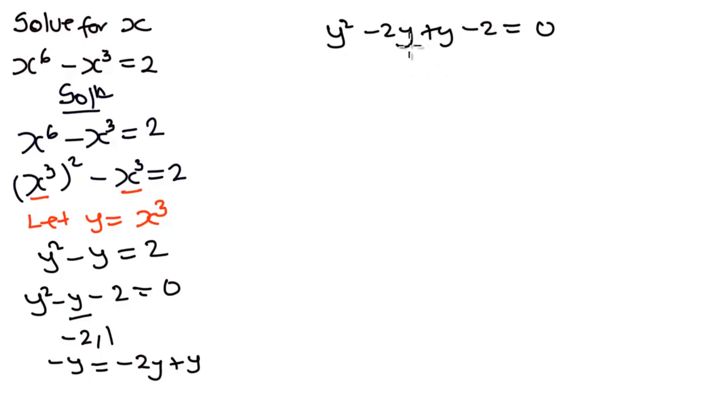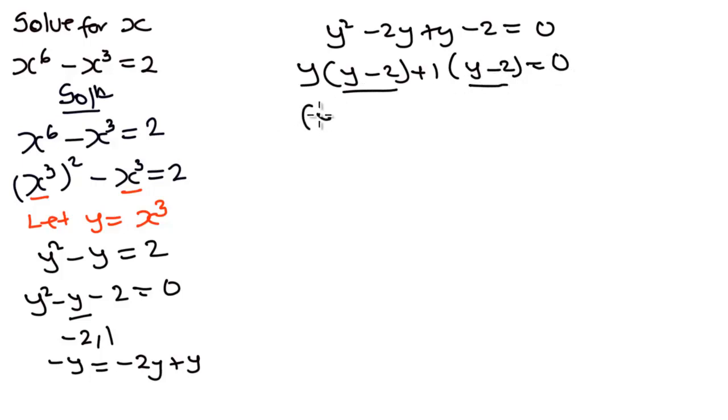Over here we have y in common, so we are going to bring y out, leaving y minus 2. And here we can also factorize positive 1 out, leaving y minus 2 is equal to 0. So now we have y minus 2 in common. So we can bring that one out, y minus 2 out, leaving y plus 1 is equal to 0.